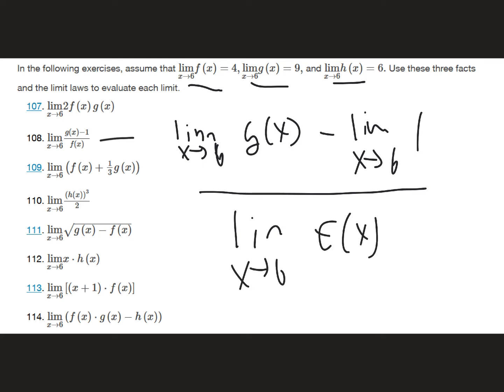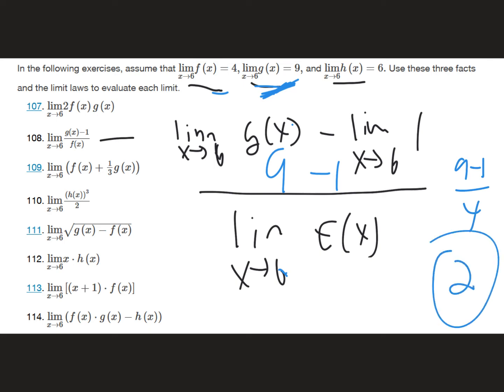So then because they gave us these values, we just got to substitute them in. I know the limit of g of x as x approaches 6 is 9. And the limit as x approaches 6 of the constant is 1. And the limit as x approaches 6 of f of x is 4. So 9 minus 1 over 4. Well, that's 8 divided by 4 is 2. So that limit is 2.